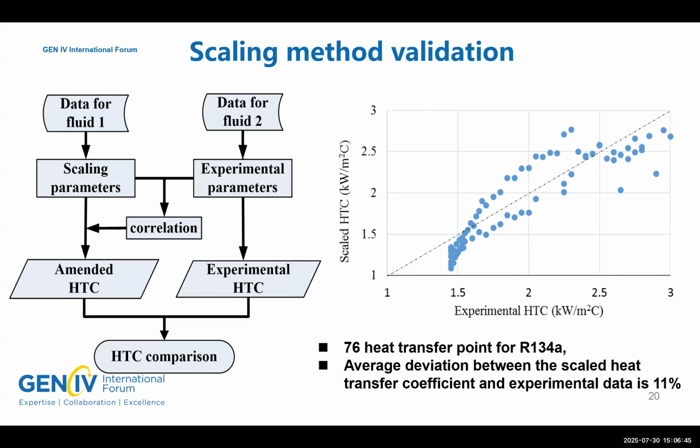And you will see the average variation between the two different heat transfer coefficients is about 11%. I think 11% is in the acceptable range for scaling analysis.